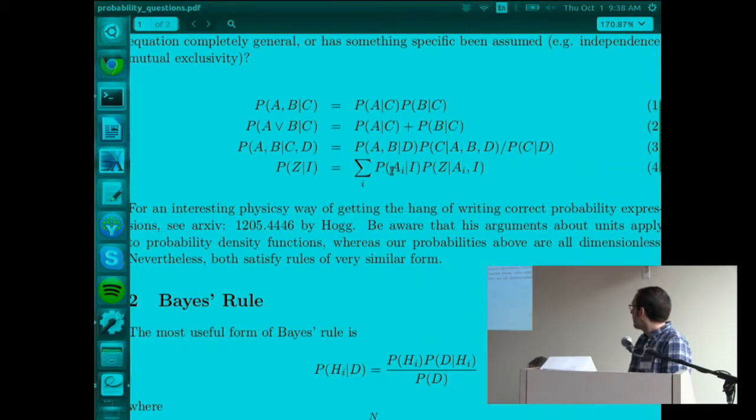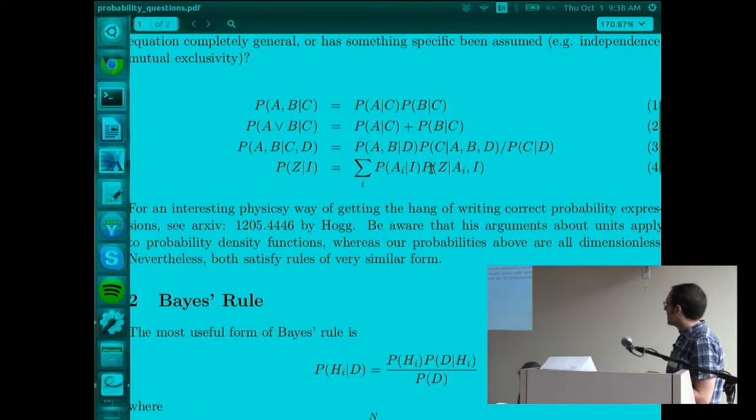You sometimes see it in textbooks, it's called the total probability rule. It's really just a version of the sum rule. If Z can be true in n different ways, Z could come true through A1 being true, or through A2 being true, or through A3 being true, and so on. You can add all those if they're mutually exclusive. And actually this assumes that the A_i are all mutually exclusive.